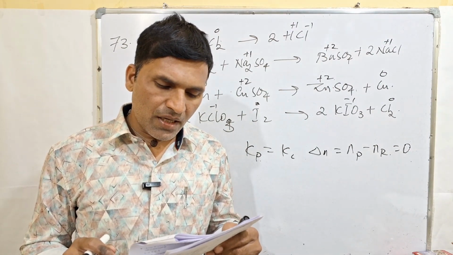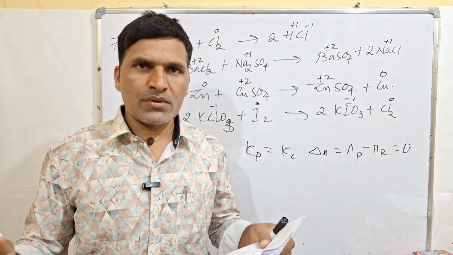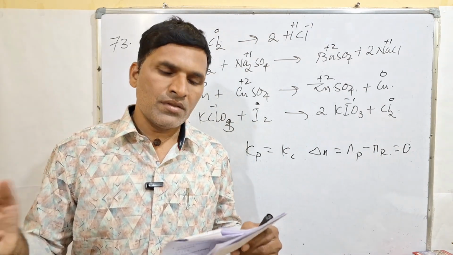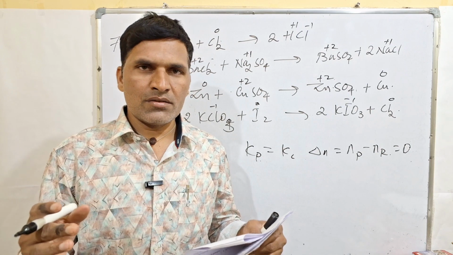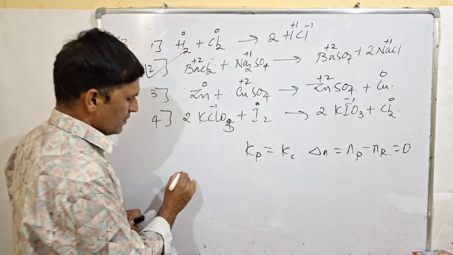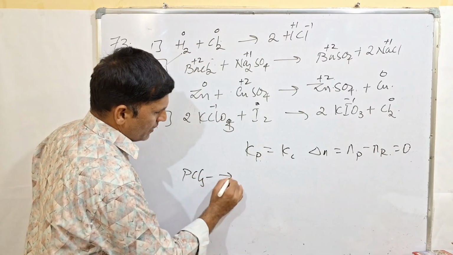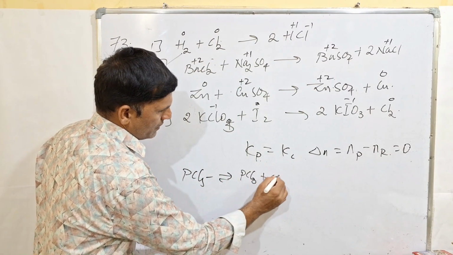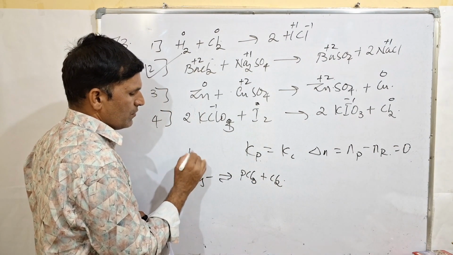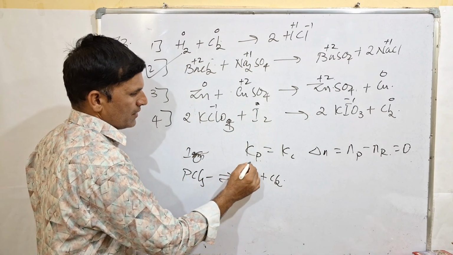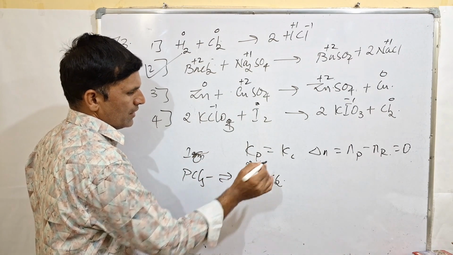Then 2 moles of BrCl decompose to give 1 mole of Br2 and 1 mole of Cl2. So the second option is also Kp equal to Kc. The third option is PCl5 decomposes to give PCl3 plus Cl2. See here, 1 mole of gaseous reactant gives 2 moles of gaseous product.